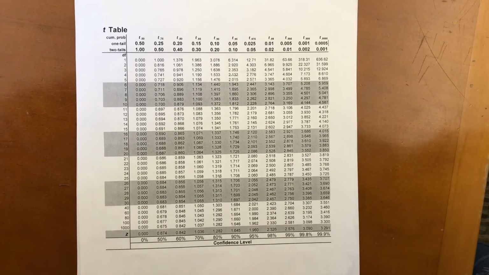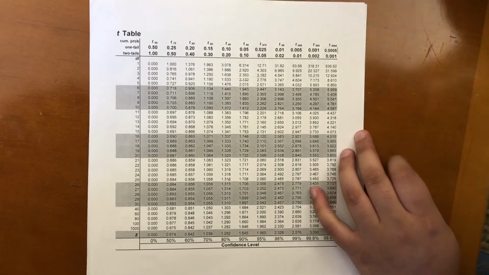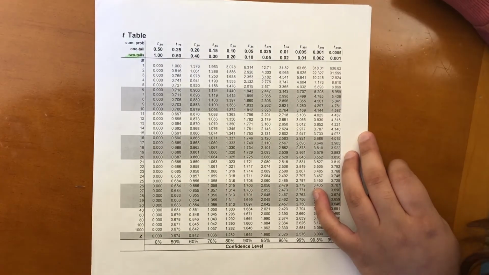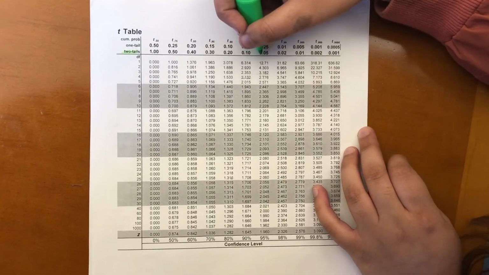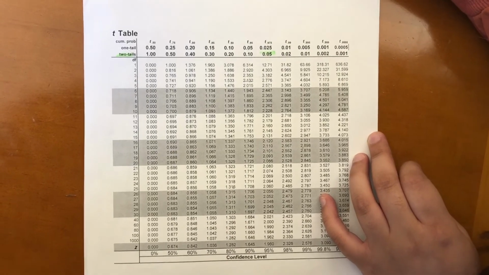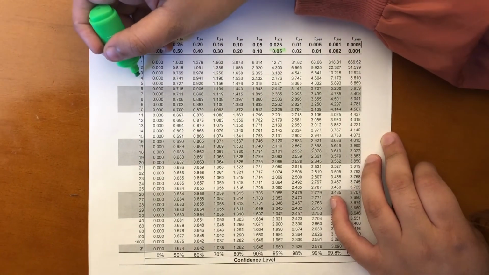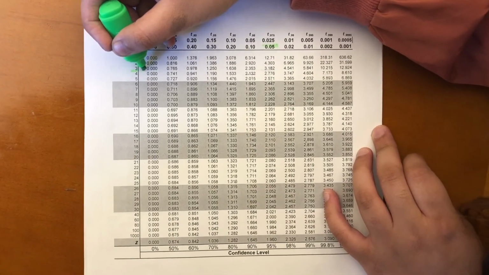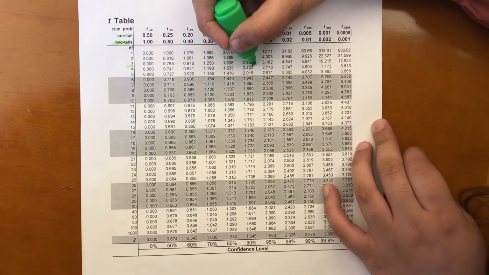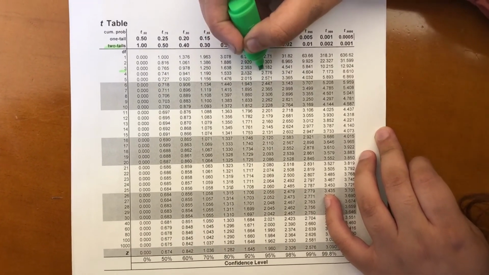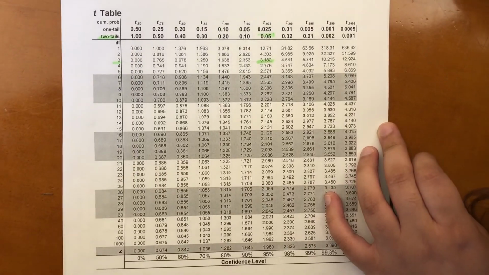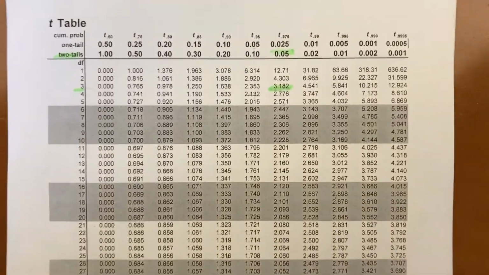This is a t-table, and we know this example is asking for a two-tailed test and alpha is 0.05, and we calculated the degrees of freedom, which is 3, so we simply follow the chart. We look for 3 and alpha 0.05, and the answer is 3.182, and that's the critical value.